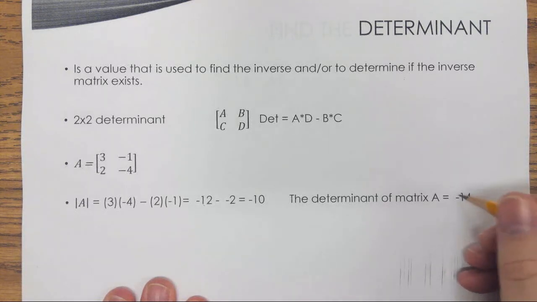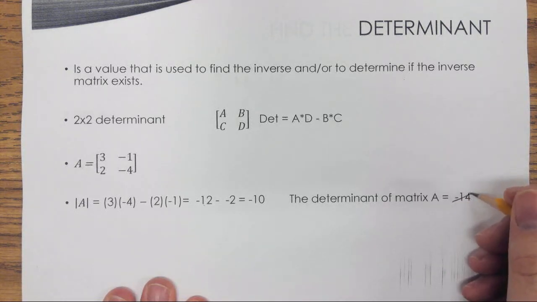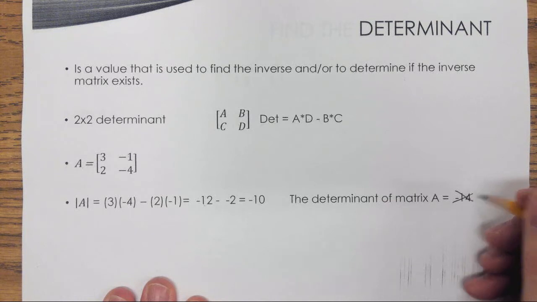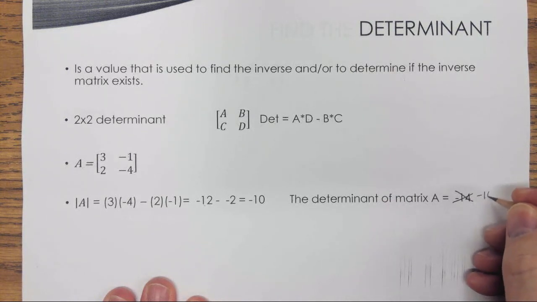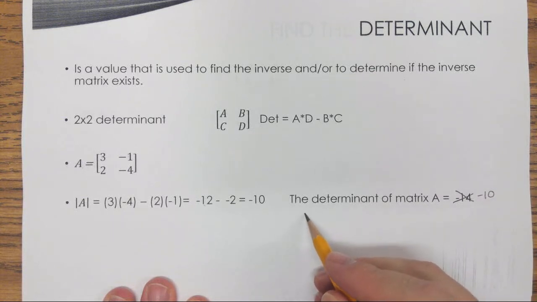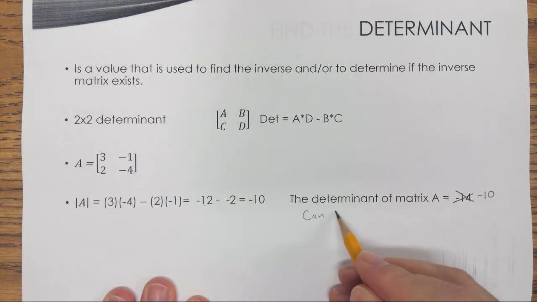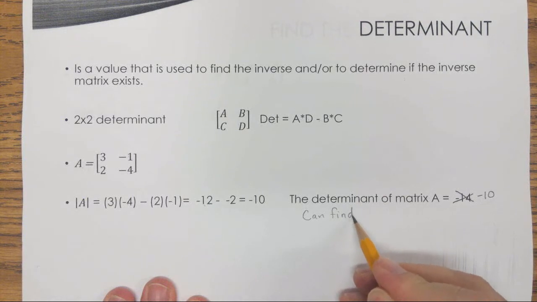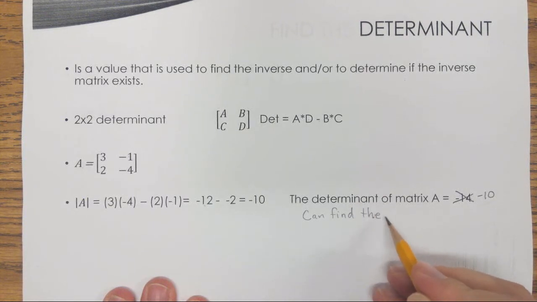The determinant of matrix A is not 14. Don't know where that came from. It is negative 10. So what that means is, when we find a determinant that has some number with it, it means that we can find the inverse.